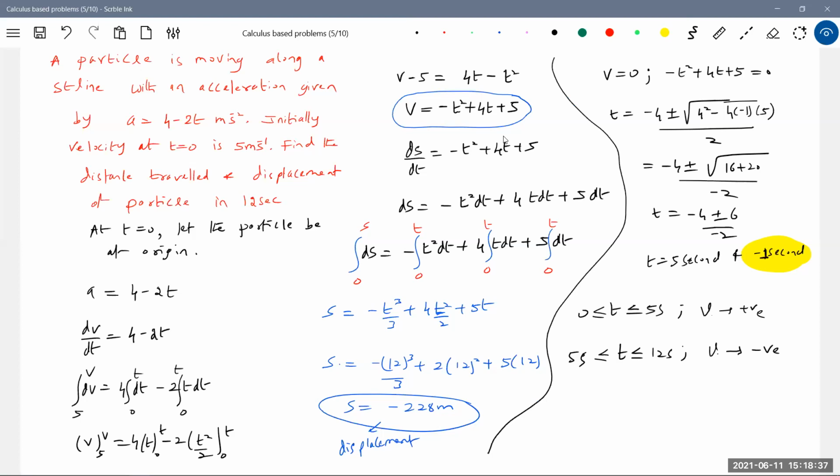Distance covered is needed. Sir, in the two equations, 5 should not be included. These are the limits here. I just wanted to show you that the very next moment, just greater than 5 seconds, it is going negative. It will change the direction.